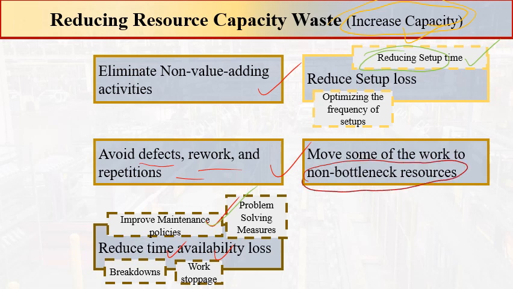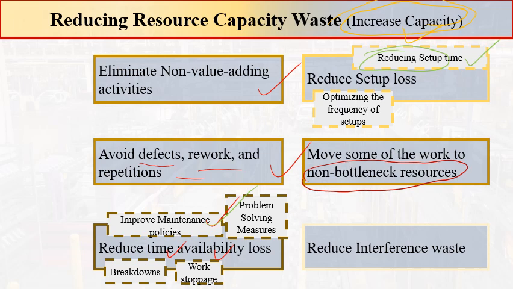If you have an employee that is doing a lot of work, more than the others, and that person is becoming the bottleneck, then move some of his or her tasks to another employee.